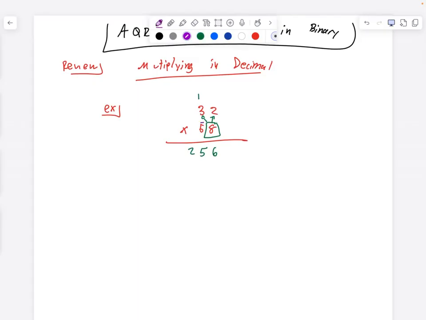Then we move to the next digit place, which is a 5, but because it's like multiplying by 50, we add a 0 to start with. Then I do 5 times 2, which is 10. 5 times 3 is 15, plus the 1, 16.